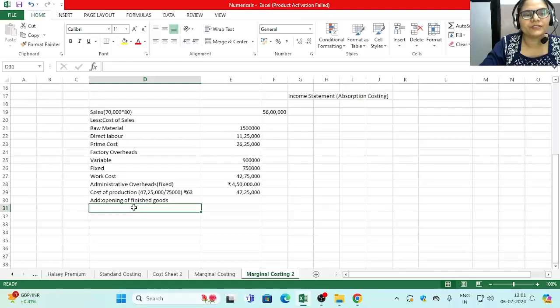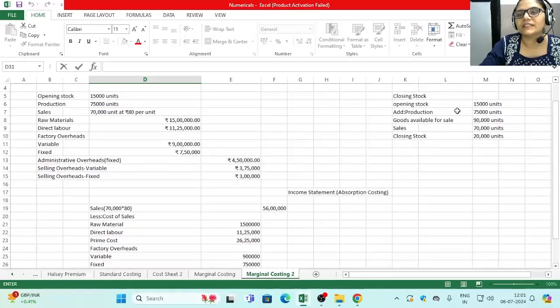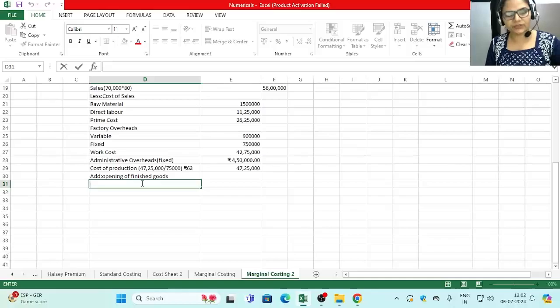Now, opening stock of finished goods. We know opening stock of finished goods is given as 15,000 units and cost per unit is rupees 63. What will be the cost of these 15,000 units? We will multiply by the cost per unit, rupees 63.